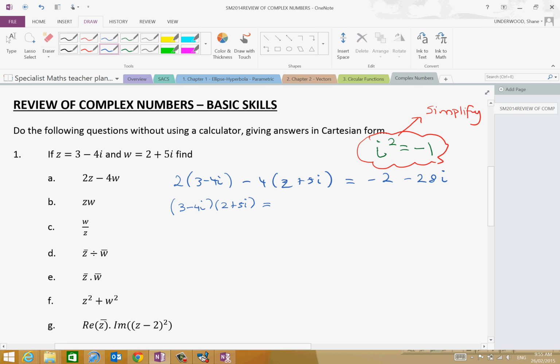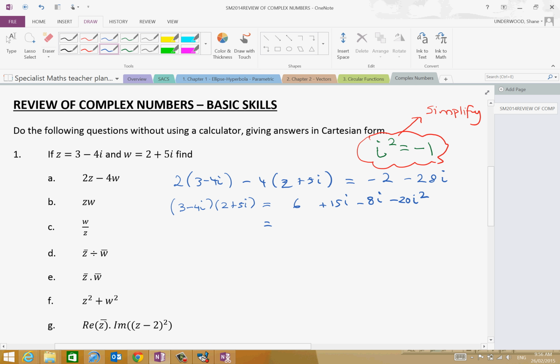Like say if I had 5i squared, is it real or imaginary? Real. It's real.